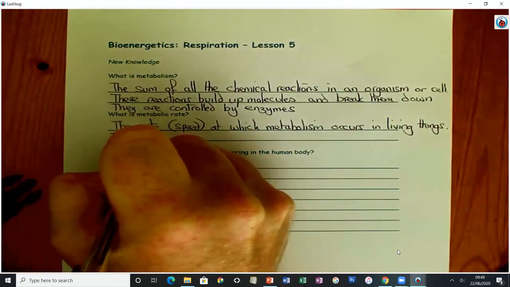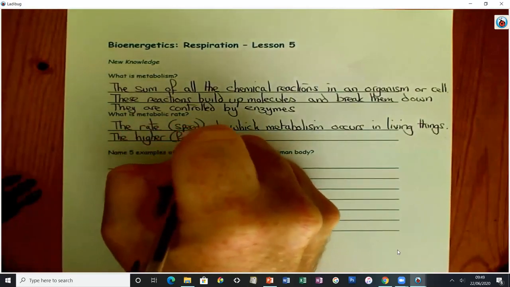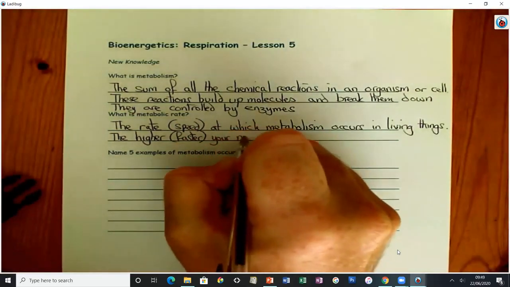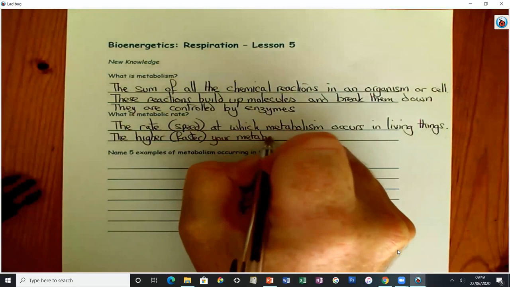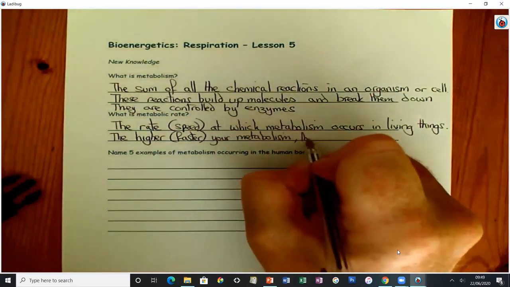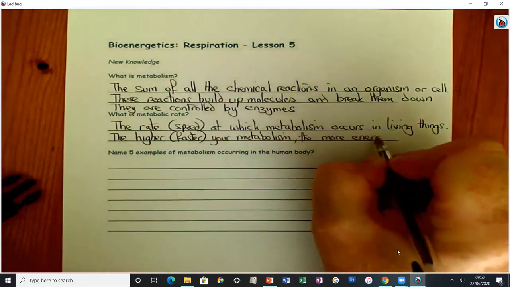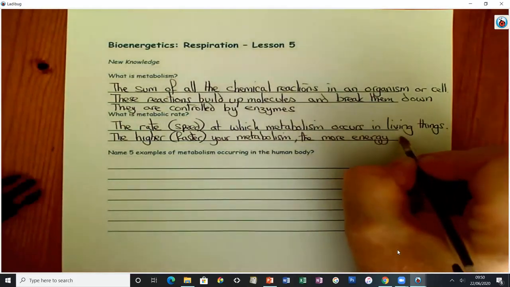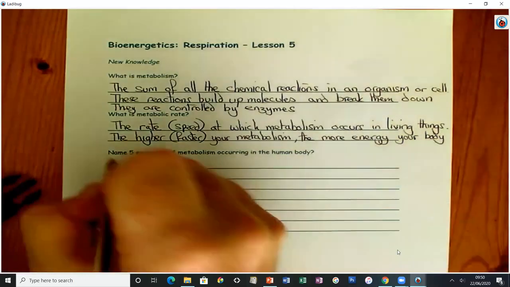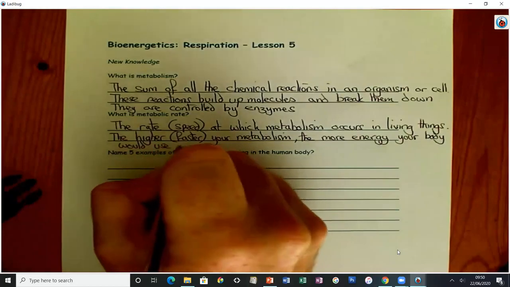The higher or faster your metabolism, the more energy your body would use in a day.